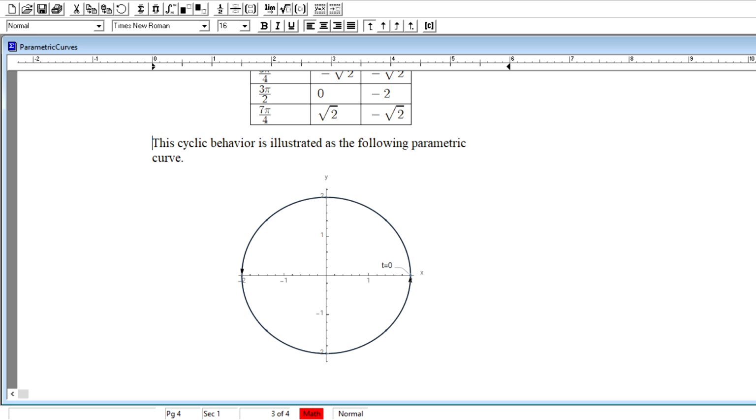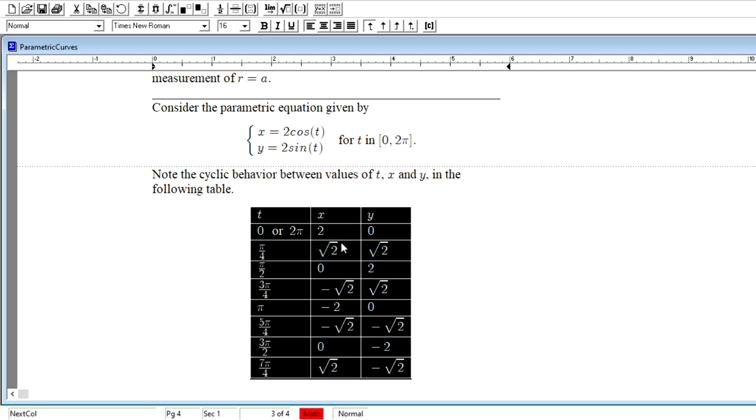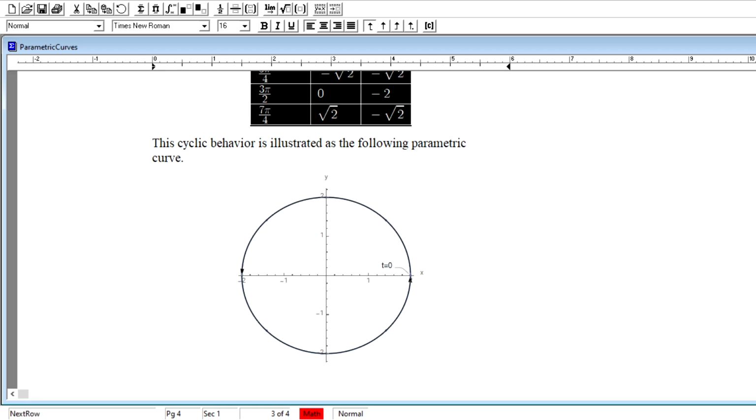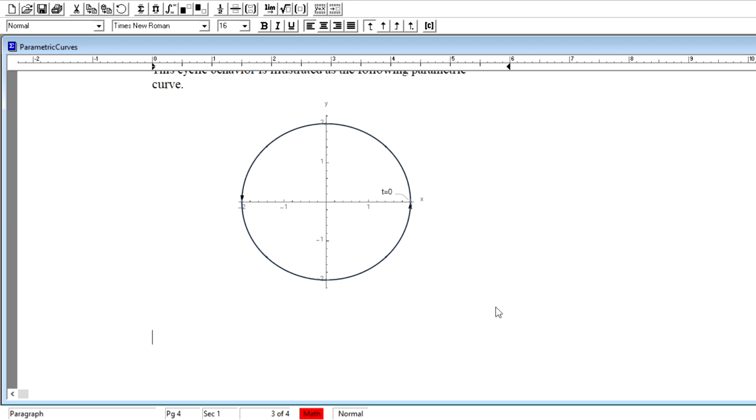This set of parametric equations illustrates cyclic behavior. We see that cycling through these x and y values corresponds to cycling around the circle in two-dimensional space.